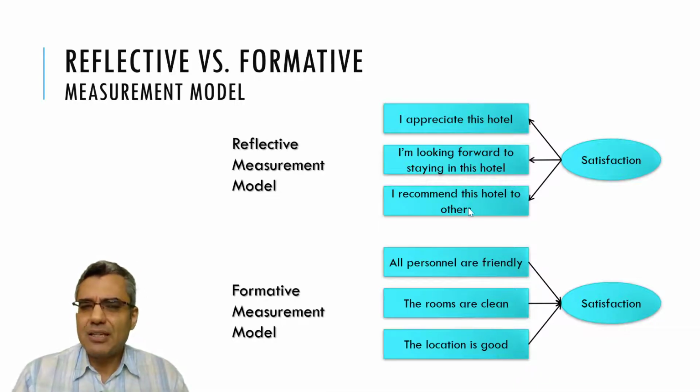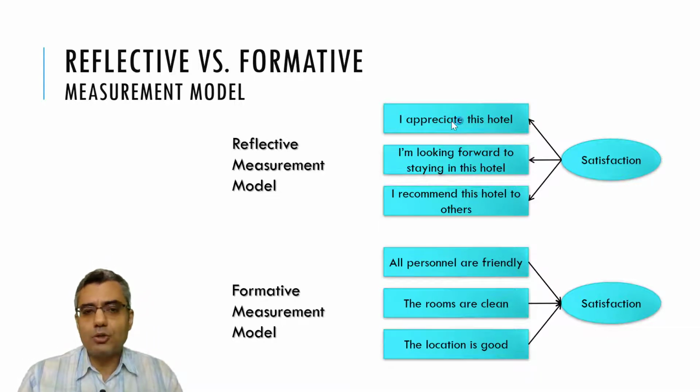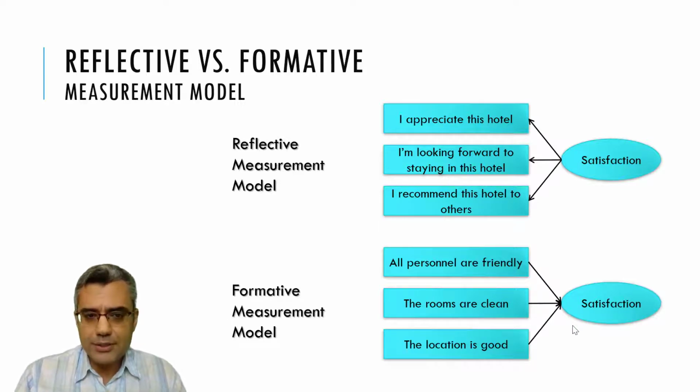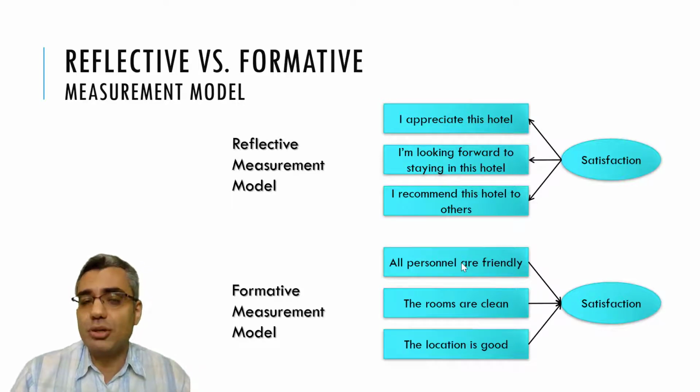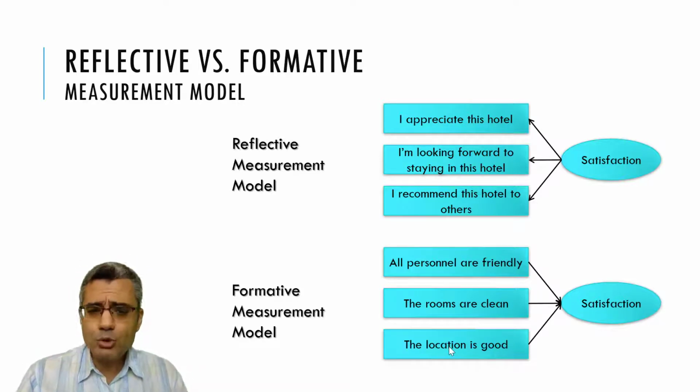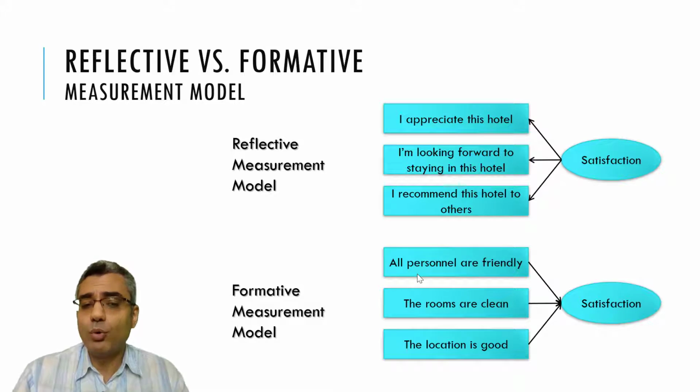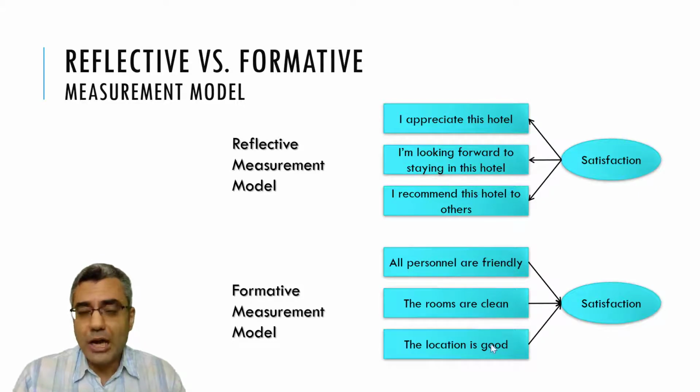It means if I give a high score to the first one, I should give a high score to the second and third one, right? But here for formative constructs, the personnel may be friendly, but maybe the location of the hotel is not good. So you may give 4 or 5 to the first item, but you may give 1 out of 5 to the third question.